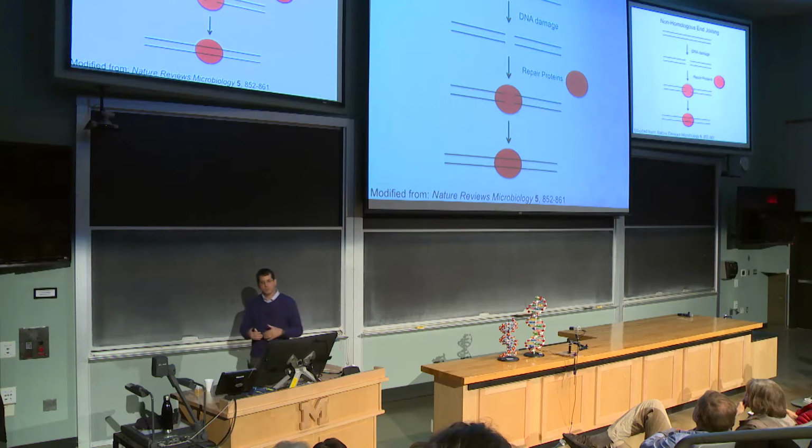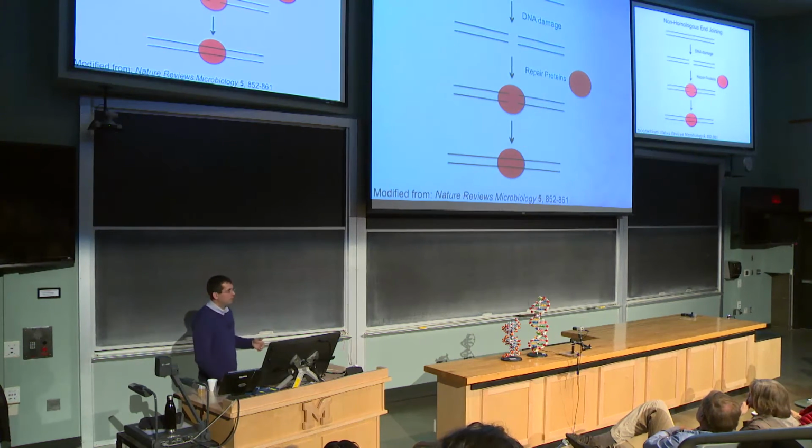You're going to have potentially a loss of information in that coding, if it occurs in a coding sequence. Wherever it occurs in the DNA, you have the potential for a loss or a change in that base pair information. Okay? So it solves the initial problem of a break, which could be lethal to the cell, and fixes it, but it has the complication that it may not have done it in an accurate way.